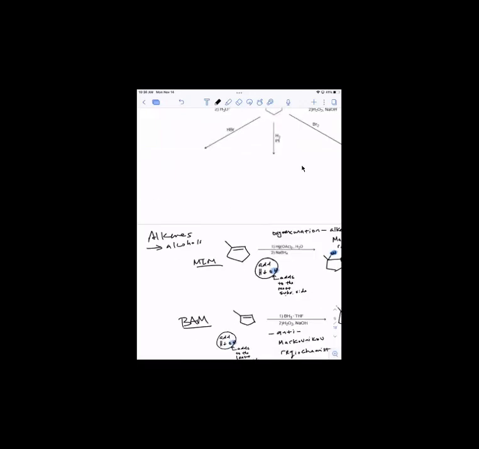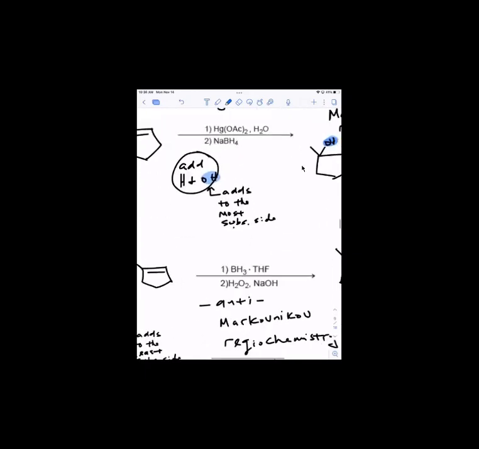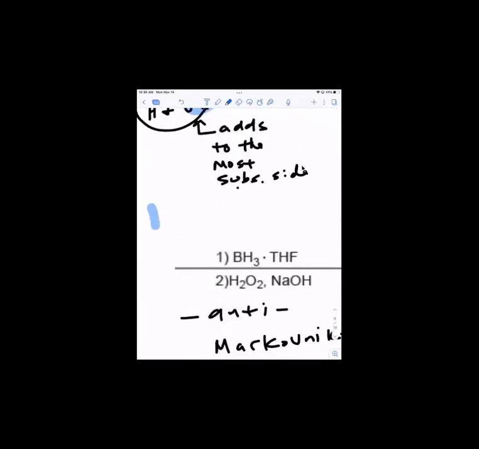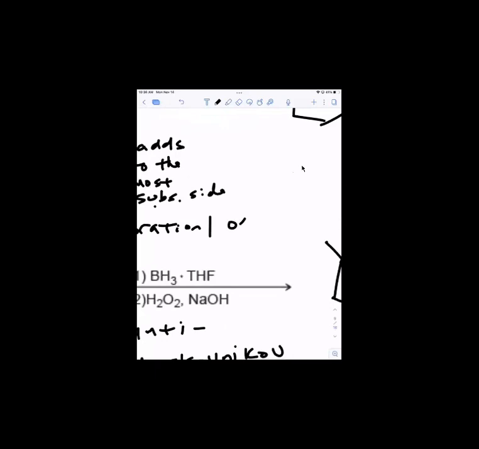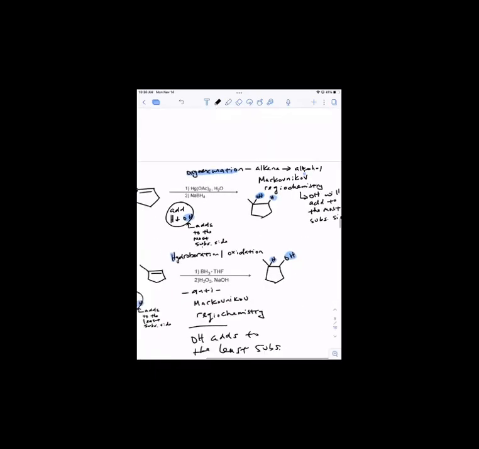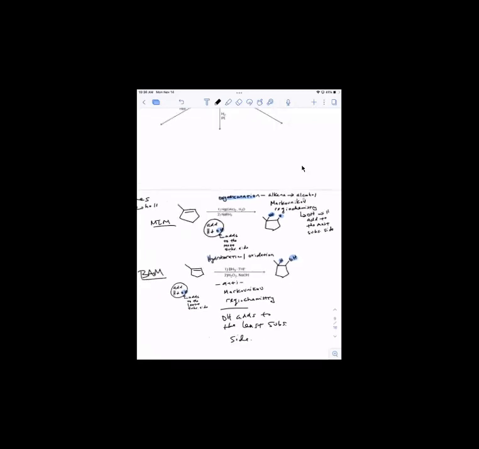So oxymercuration is one, and this is, I didn't give you the name, this is hydroboration/oxidation. Two reactions, both of them make alcohols from alkenes, but the regiochemistry is different.